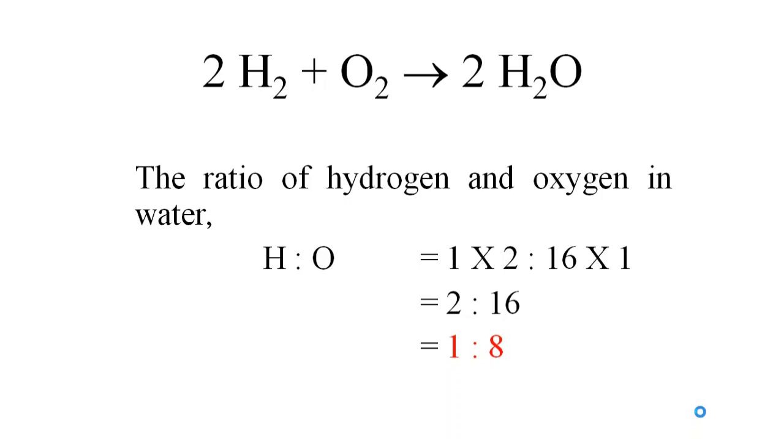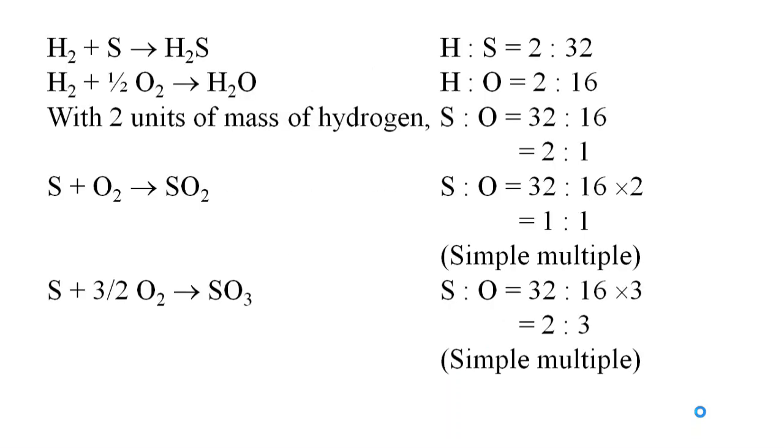Similarly, we can take another example. Hydrogen combines with sulfur to form hydrogen sulfide. Hydrogen and sulfur are in the ratio of 2:32. Similarly, hydrogen and oxygen combine to form H2O in the ratio 2:16.